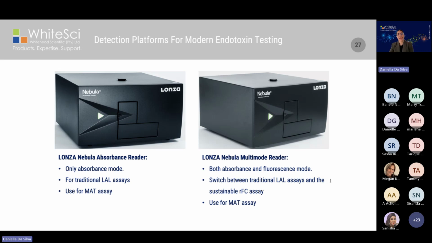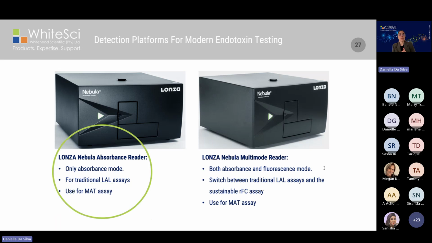One of the conversations I have quite frequently with customers is around selecting the right detection platform, not only for their current testing requirements, but also for where they see their endotoxin testing moving in the future. Different assay formats have different detection requirements. Traditional kinetic chromogenic and kinetic turbidimetric assays rely significantly on absorbance measurements, while recombinant factor C will require fluorescence detection. This is where platform flexibility becomes important.